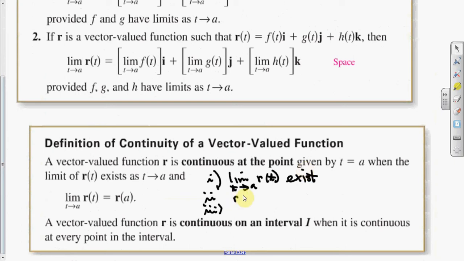And then we said, secondly, that r(a) is defined. And then thirdly, we put the first two statements together, and we said that the limit as t goes to a of r(t) is equal to r(a). So that's what this definition is saying. It's saying three things in one. The limit exists. I may not know what it is.